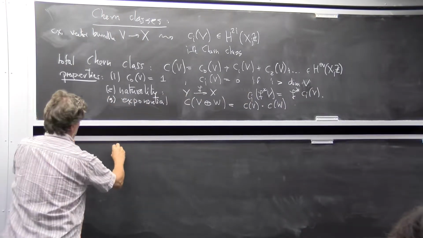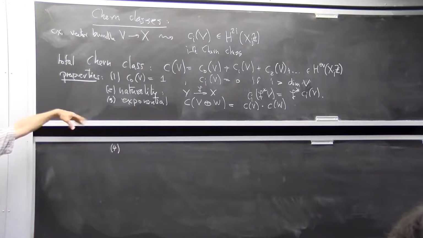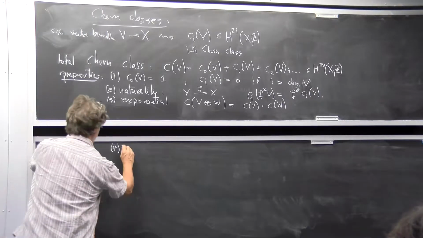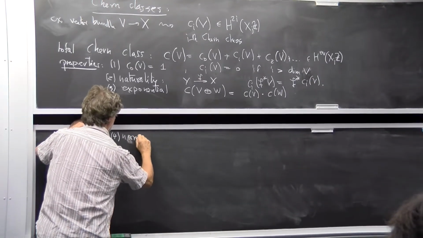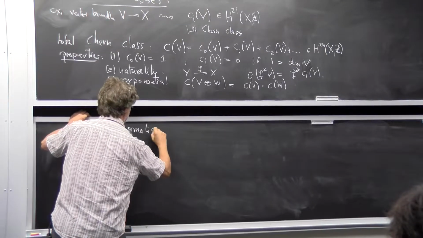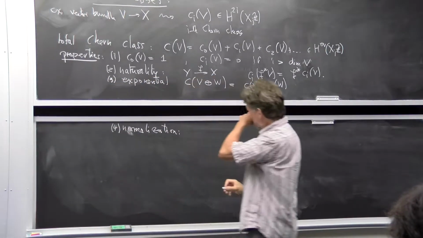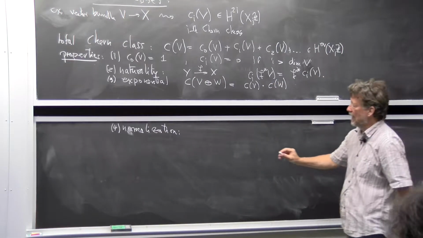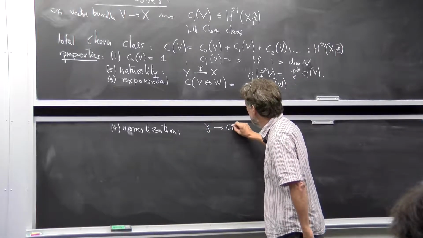And the last property is a normalization property. So far you could satisfy these properties by just saying, well, it's always 0 except C0, which is 1. So you want to not say that. So you have the normalization property. To write down the normalization property, I want to say, what is the total Chern class of the line bundle over CP infinity?